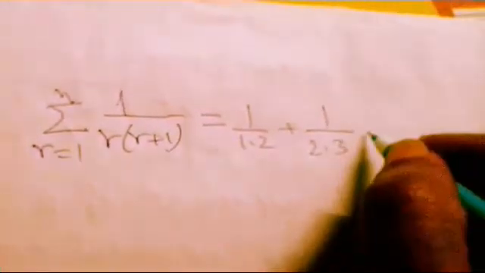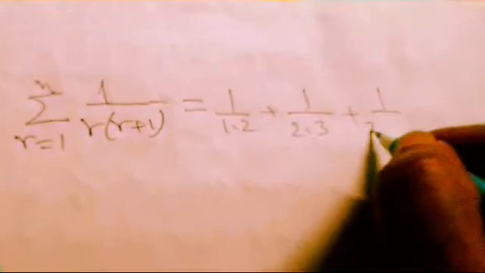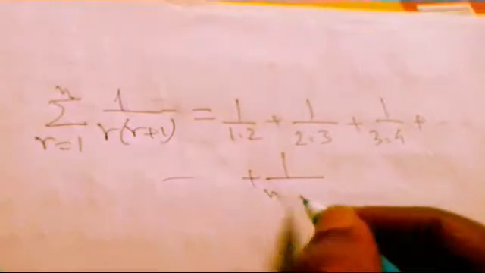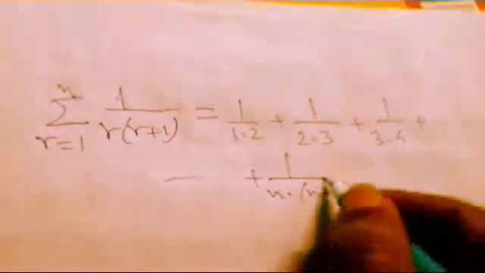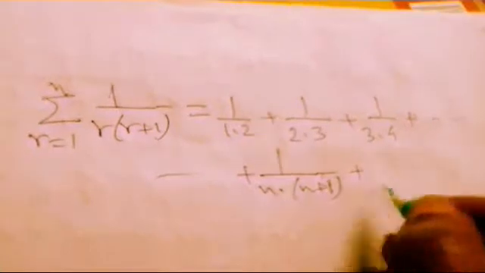Let's watch. Summation of 1 by r into r plus 1, where the summation runs r equals 1 up to n. If we take it in this manner, write it as 1 by 1.2 plus 1 by 2.3 plus 1 by 3.4, in this way, plus 1 by n into n plus 1, plus up to infinity.